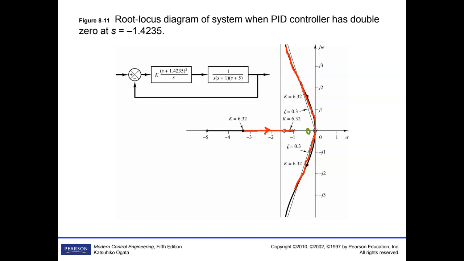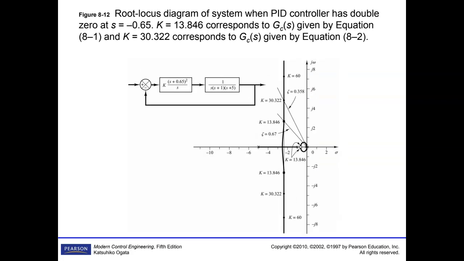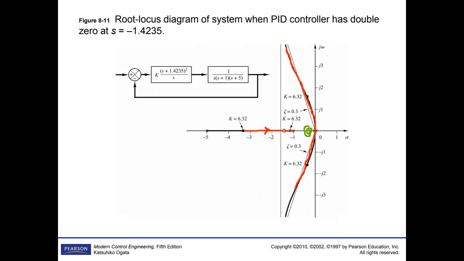Kaça koymuşuz? Ben hatırlıyorum. 0,6 gibi hatırlıyorum. Bakalım. 0,65'e koymuşuz. 0,6'ya koy. Fark etmez. Bunu kim yorumlayacak? Buraya 2 zero'yu koydum. Ne olacak acaba?